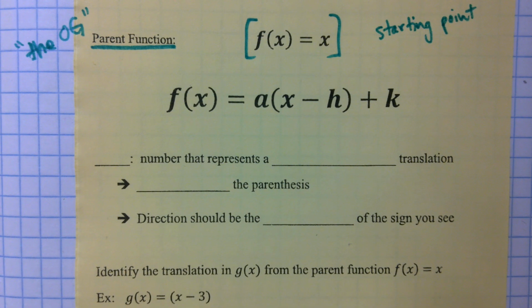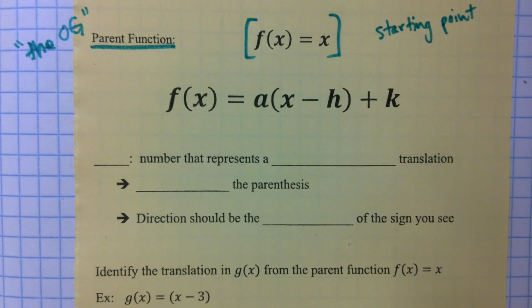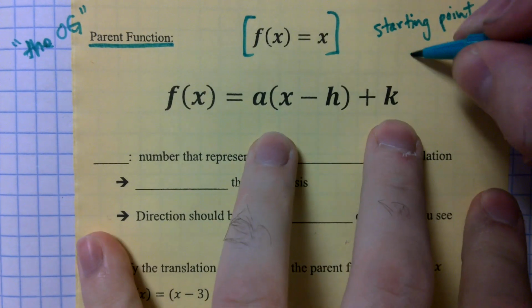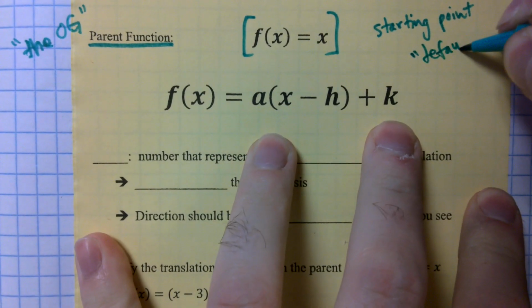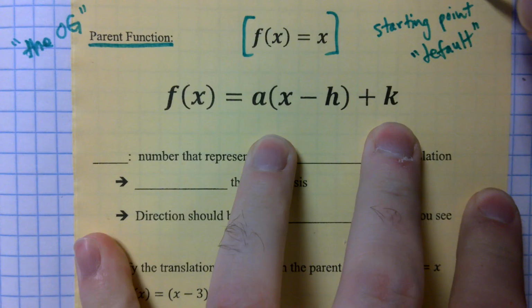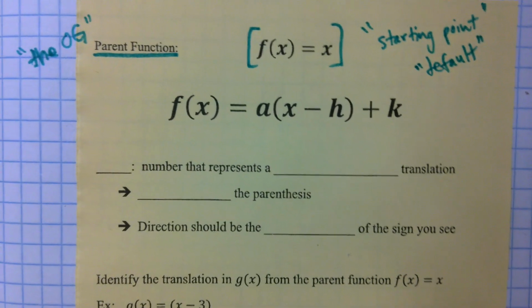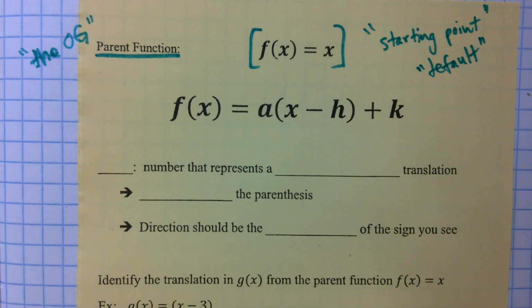You guys play video games in here? So when you get a brand new video game and you open it up right away, do you get all the skins, all the guns, all that stuff right away? No. What do you start out with? Default. Let's call it that. I like that word. Okay, my parent function is my default equation. It's what I start out with. Now, I spelled default wrong?